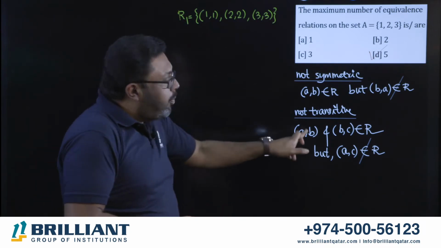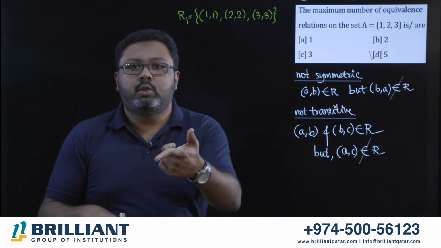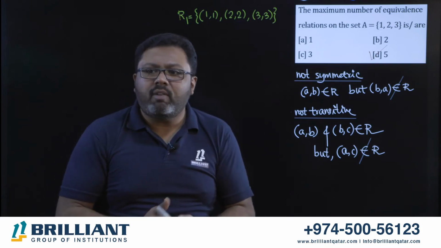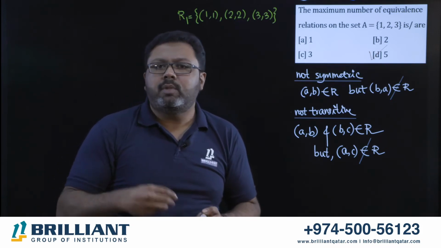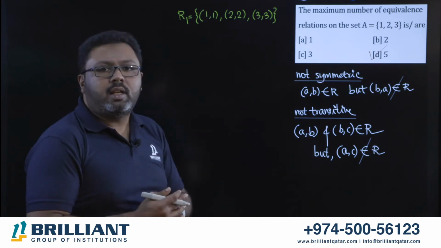Do I have an AB and a BC to satisfy the condition of non-transitivity? No. If I don't have a pair like that, obviously I can come to the conclusion that it is transitive. That is why this is an equivalence relation.